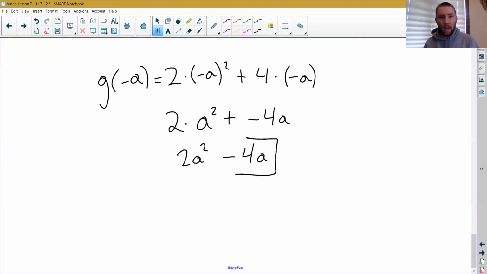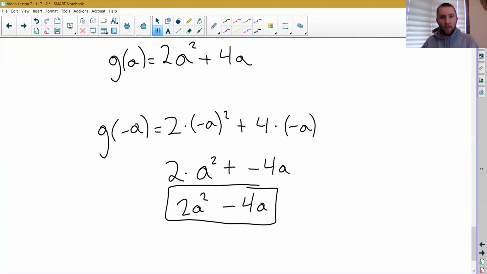So I want you to look at this. Are these two things the same? Nope, they are not the same, okay? So this function is not even. I guarantee it's not even because g of a and g of negative a are not the same expression. So the next question is, is it odd?